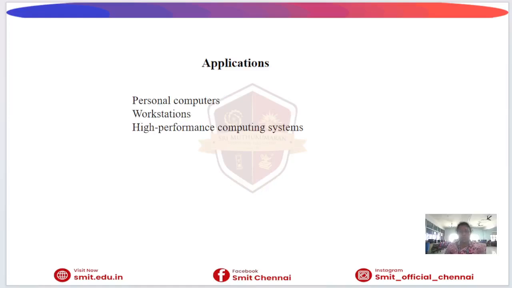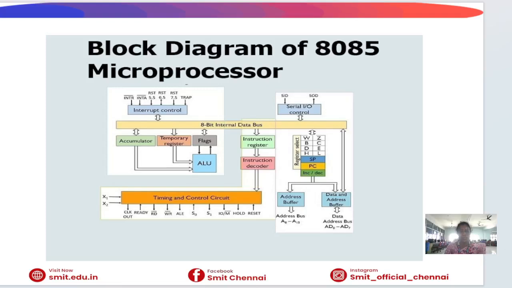Applications of a microprocessor are personal computers used for daily computing tasks by engineers, designers, and researchers, and high performance computing systems such as supercomputers, scientific simulations, and artificial intelligence. We use the microprocessor in everyday life.